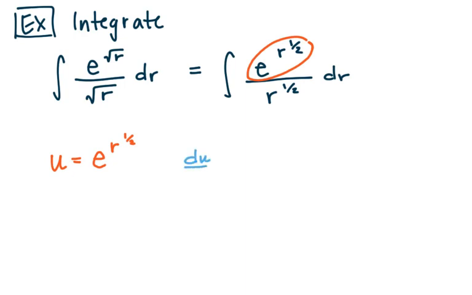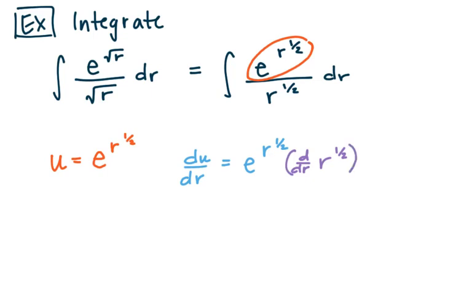The derivative of u with respect to r, well, the derivative of e to anything is itself. So we've got e to the r to the 1/2 power. Of course, that's not just an x in the exponent, so we need to take the derivative of the exponent using the chain rule. And so we've got d/dr of r to the 1/2.